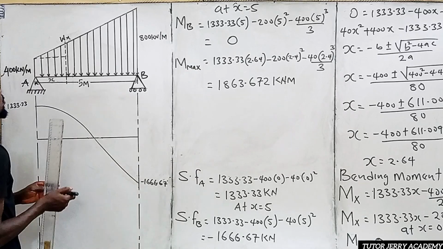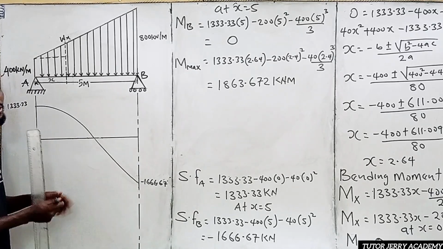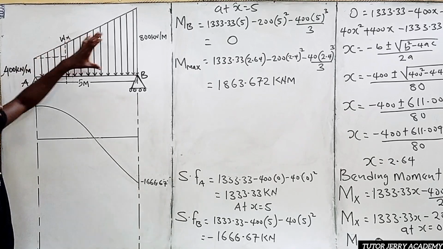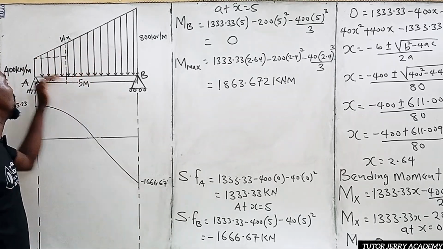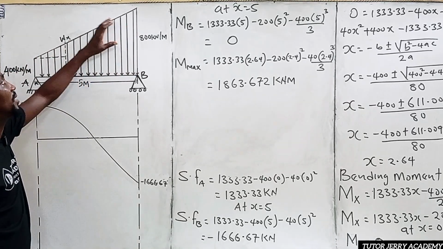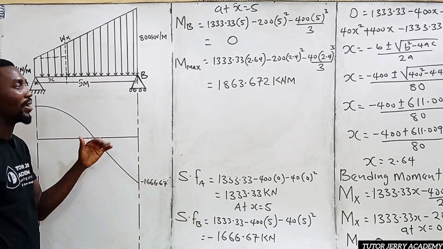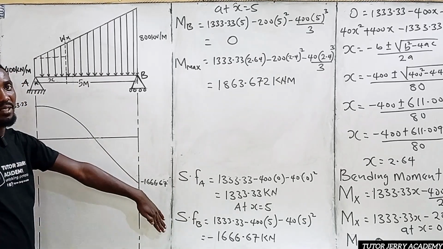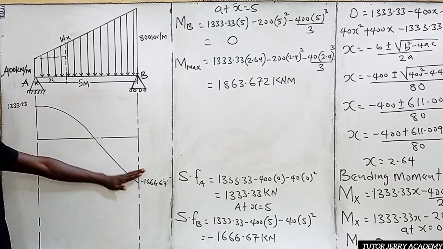The reason why it is curved, I hope you know, is because it is a trapezoidal load, and it consists of a uniform distributed load and a uniform varying load. When you are representing that on your shear force, it is going to be a curve. You understand? So this is what it looks like.